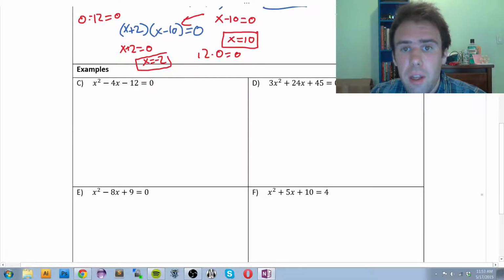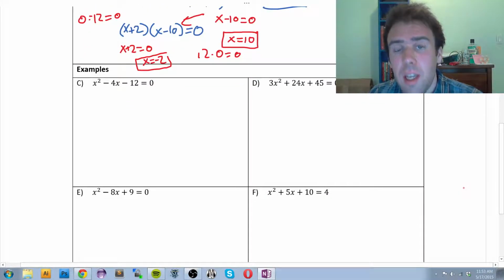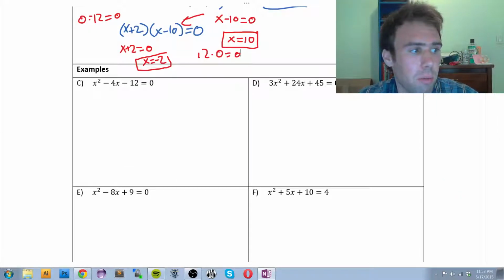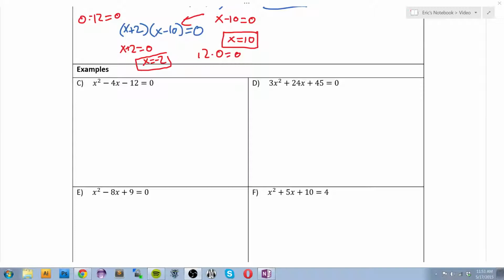Now let's go ahead and apply the factoring technique and the zero product property in the context of these problems. So we're going to start off with factoring once again, and I'm looking at the factors of negative 12. So they would be 1 and 12, 2 and 6, 3 and 4. Now one of these numbers has to be negative, otherwise we couldn't multiply to a negative 12.